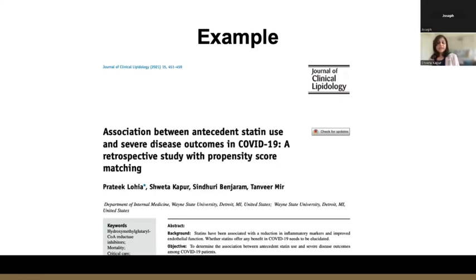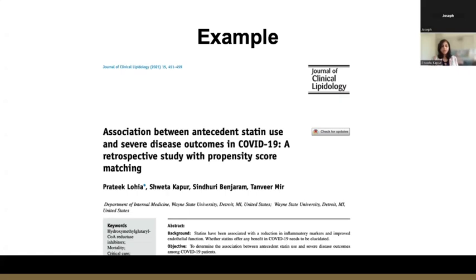In this segment of the presentation, I will give you an example of how I used propensity score matching in one of my research works, a project that I did on COVID-19 patients. The reason I am choosing this research article is because this was the study that introduced me to propensity score matching.